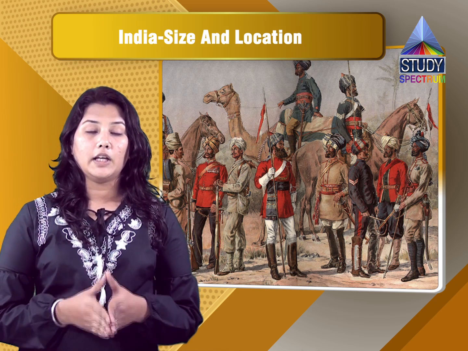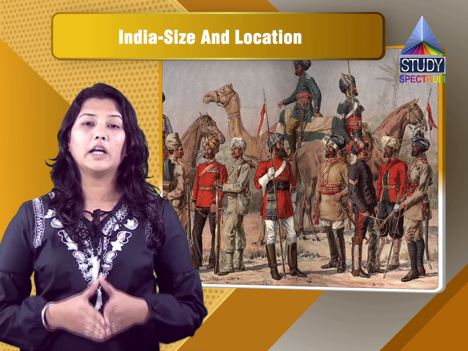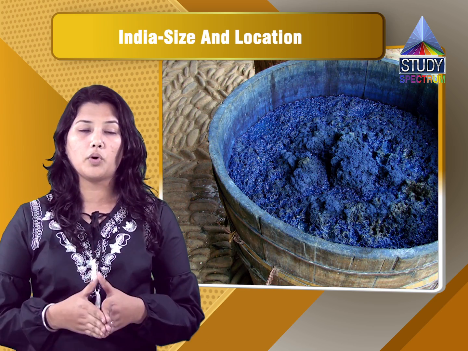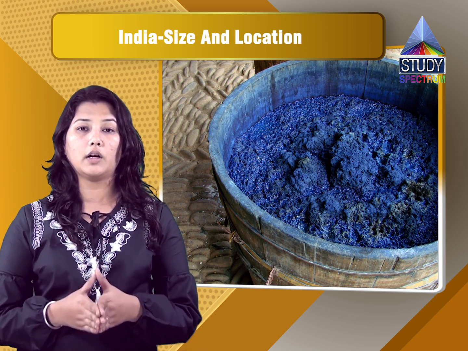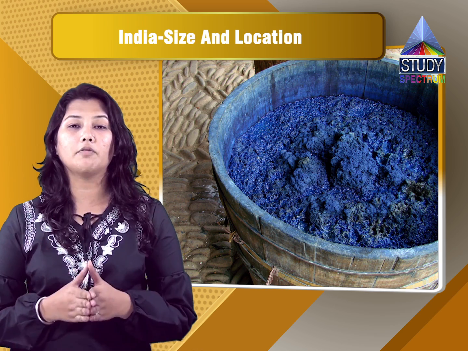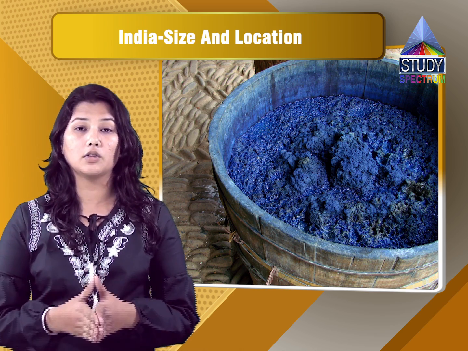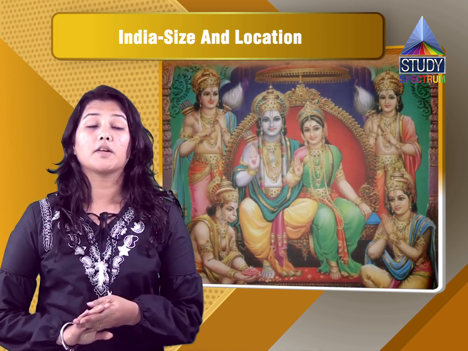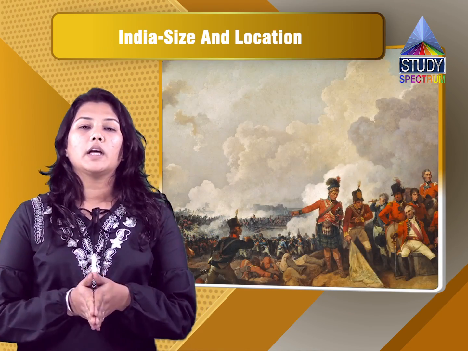Britishers invaded India. When Britishers invaded India, they found the Silk Route. They found the indigo that was required. They used to transport indigo from India to their country, where indigo was a main color. India also has the two famous epics, the Ramayana and the Mahabharata. Britishers initially came to India.